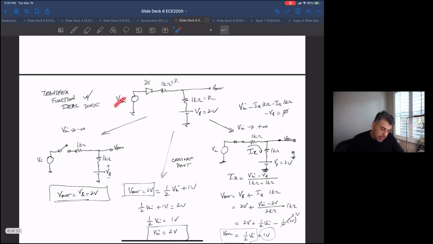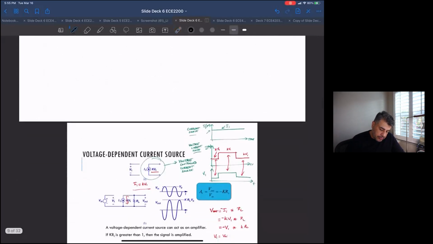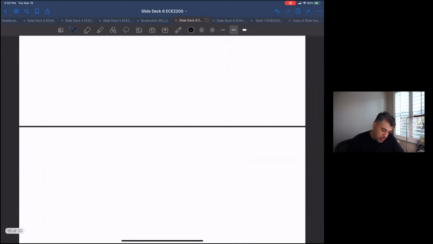So the input voltage Vn is V0, I don't know if it was cos or sine, this doesn't matter, sine of omega t, with V0 being 5 volts, what would the output look like as a function of time?